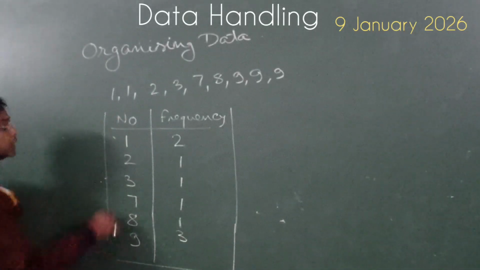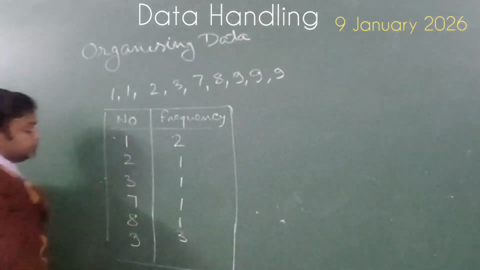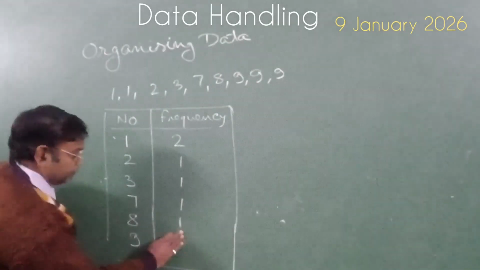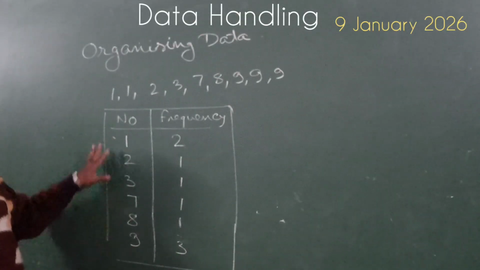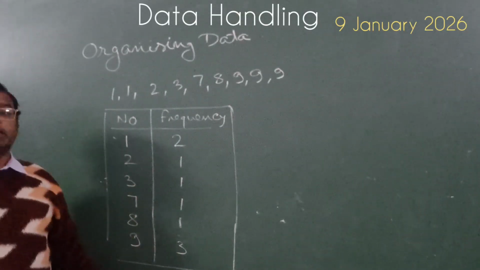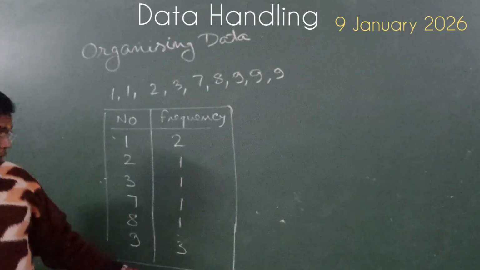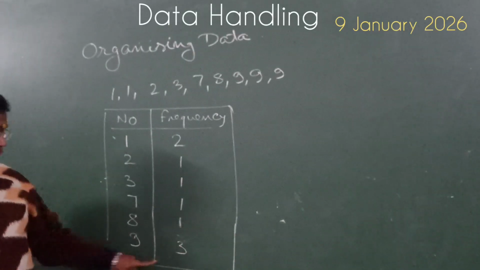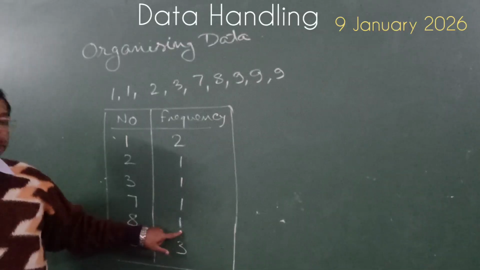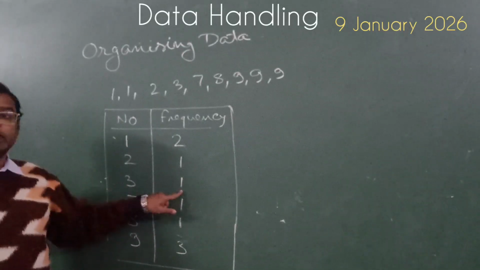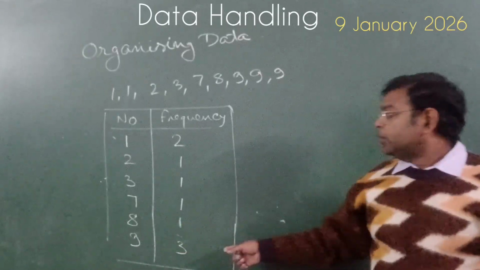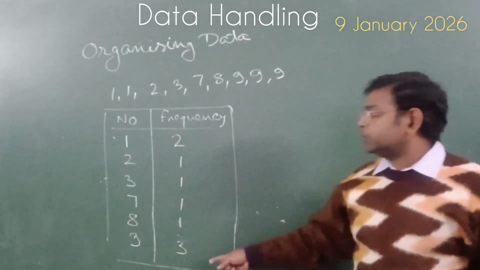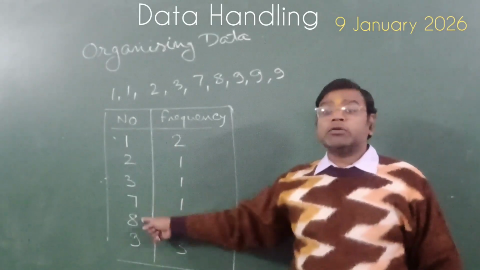If we organize this raw data in this type of format, then we can say that this is your frequency distribution table. So in this way, if you organize it, these data are known as ungrouped data.